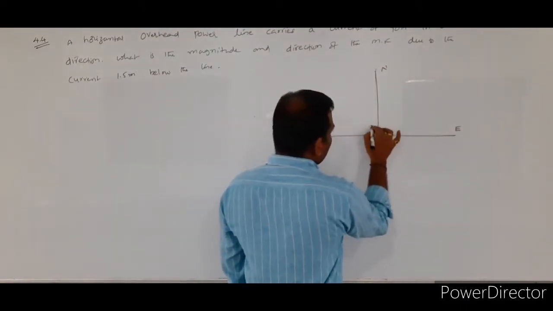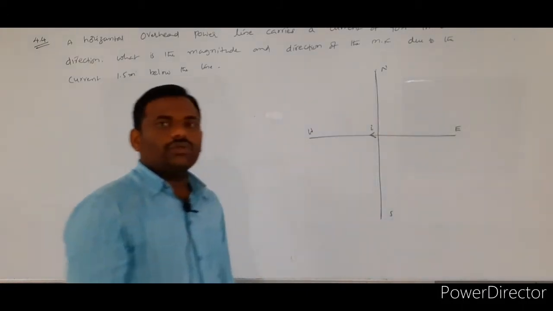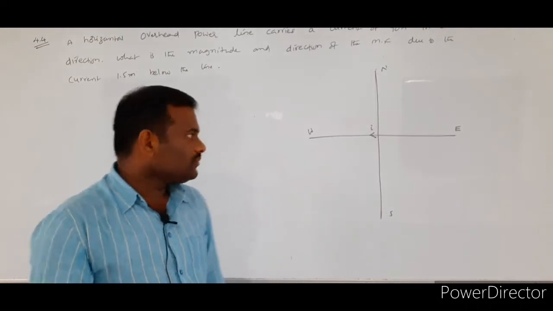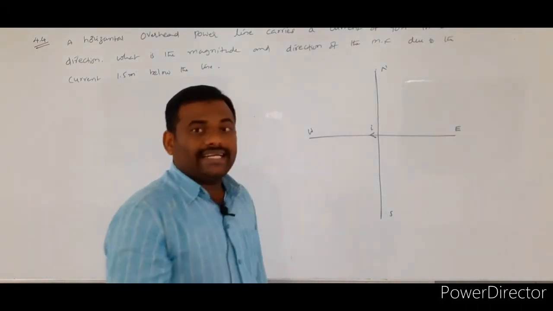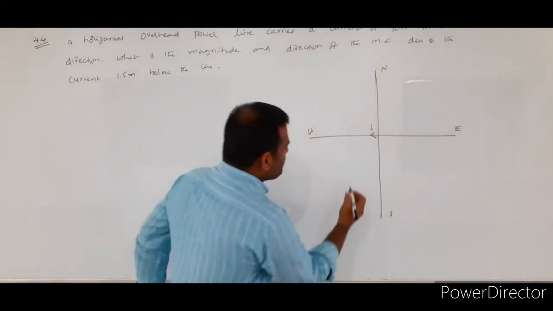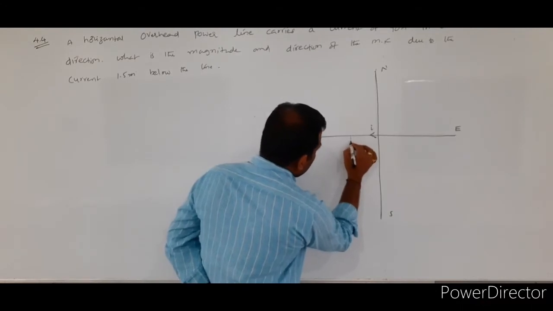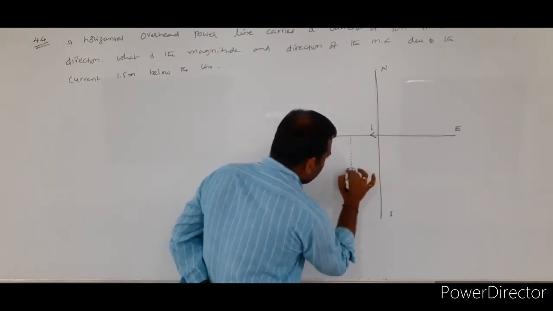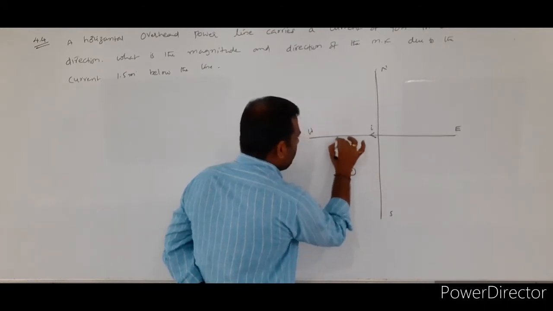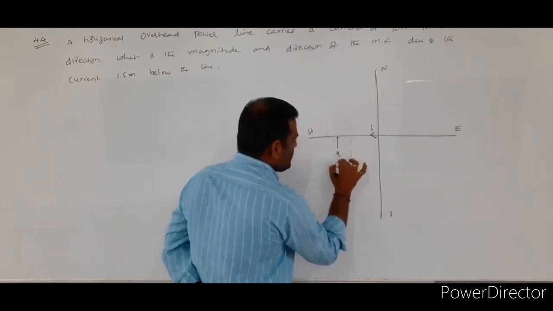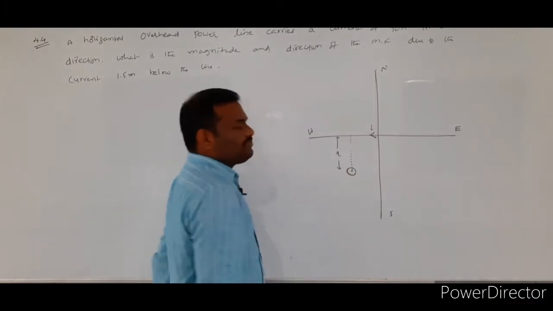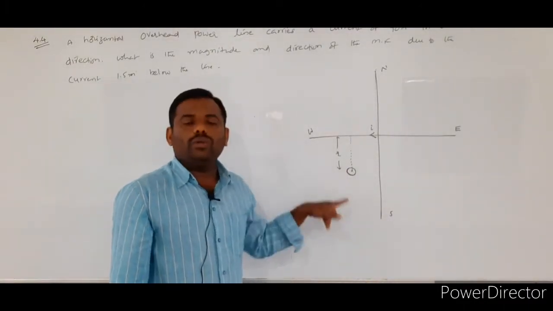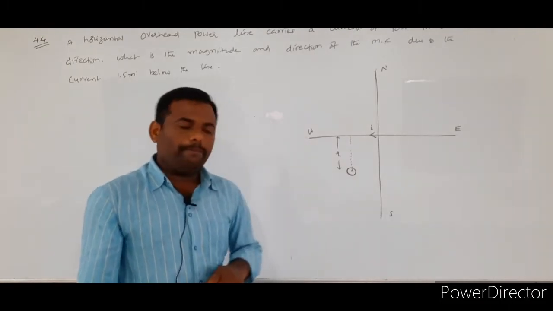The current is flowing from east to west. Now, how can we consider the point? We have to consider the point which is below the power line, at a distance which I am assuming as small r, just below the power line.